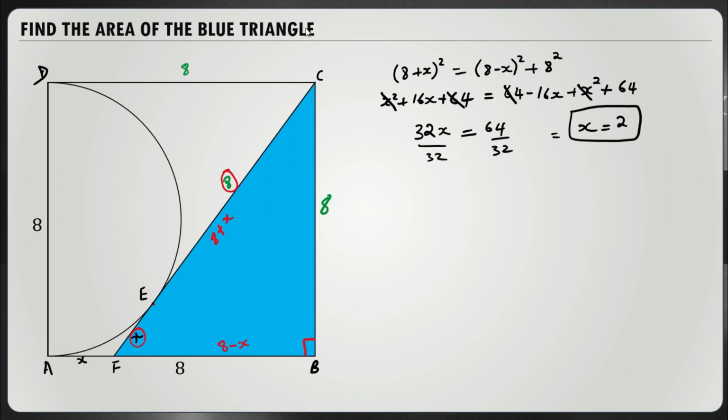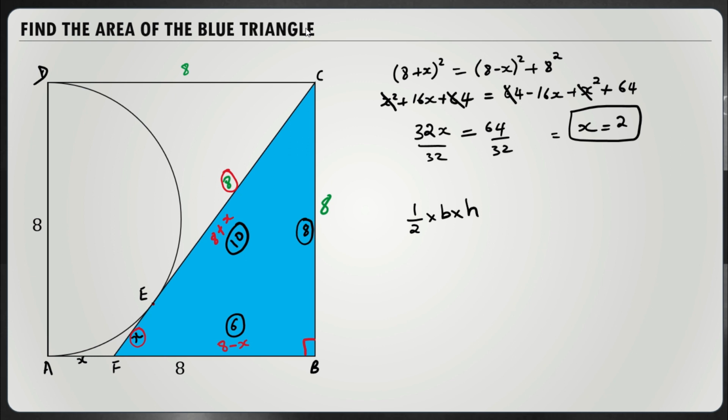What will this side be equal to? 8 plus X, this side will be equal to 10. And this side will be equal to 8 minus X, 8 minus 2 is 6. And this side is 8. And we know the area of a triangle is equal to half into base into height.